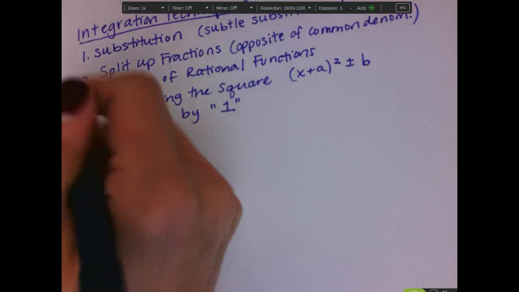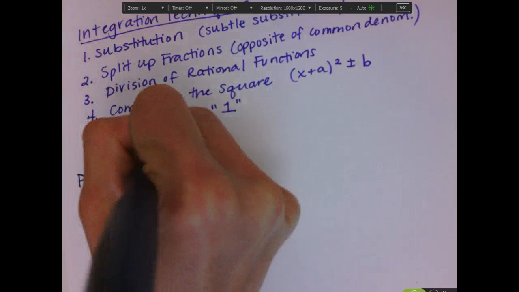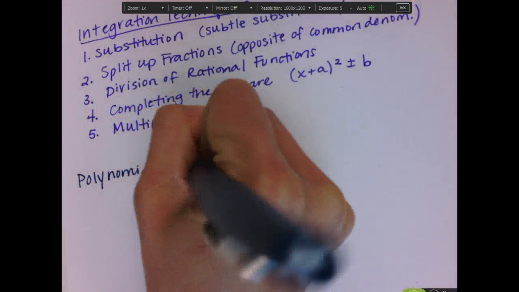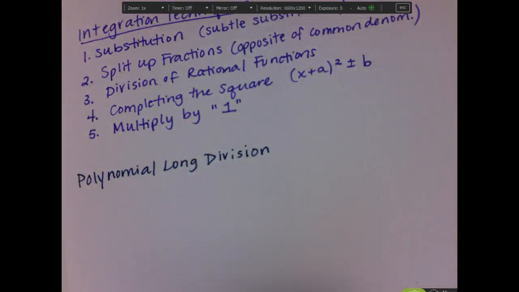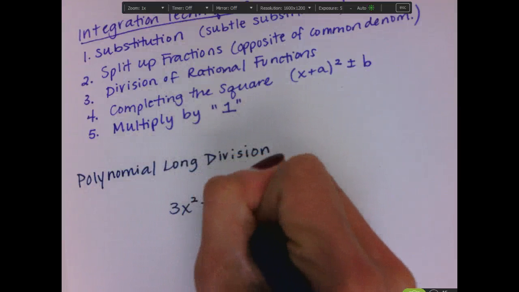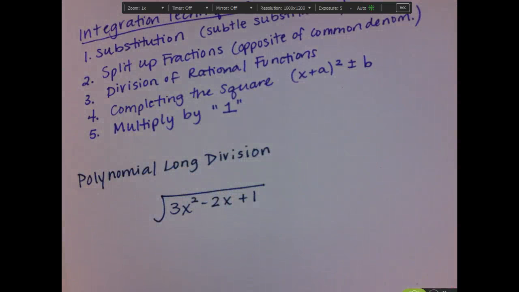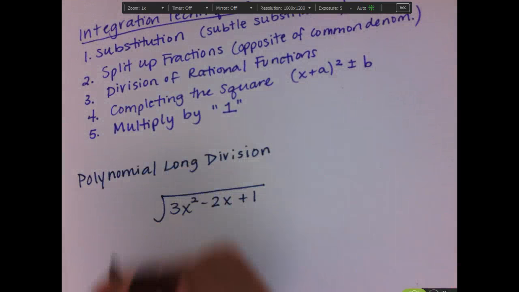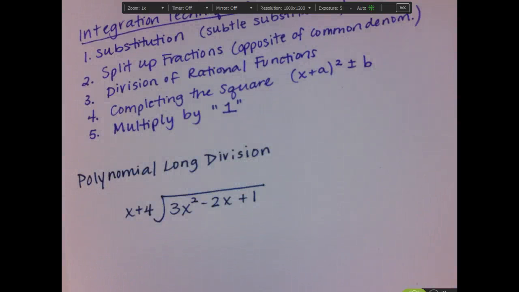Okay, so polynomial long division. If I take, for example, some polynomial expression, which I'm going to make up, this quadratic expression 3x squared minus 2x plus 1, I could potentially divide it by some other polynomial.